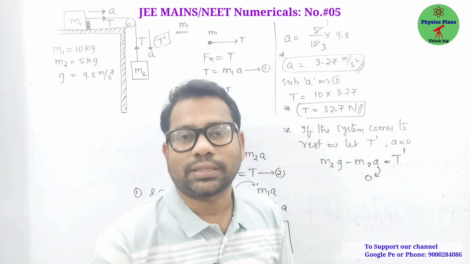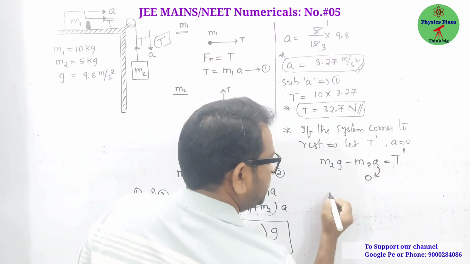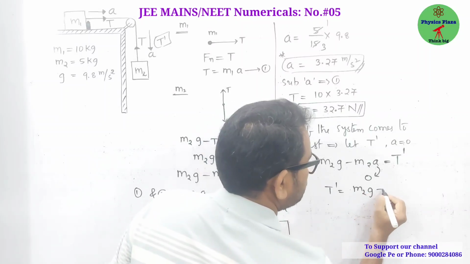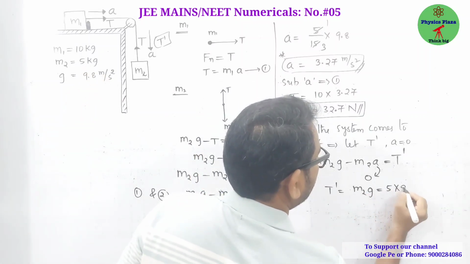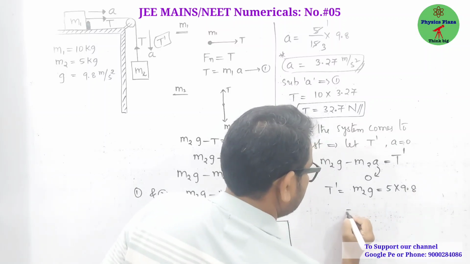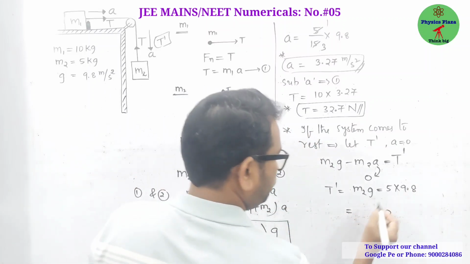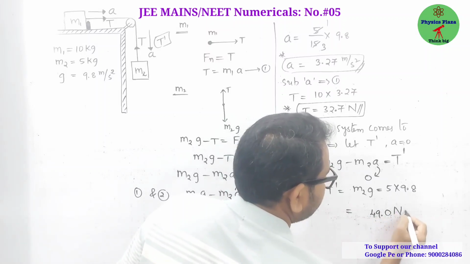So this term will be 0, right? Then T dash is equal to M2G. M2 value is how much, children? M2 is 5 into 9.8. So this will be 49 newtons.